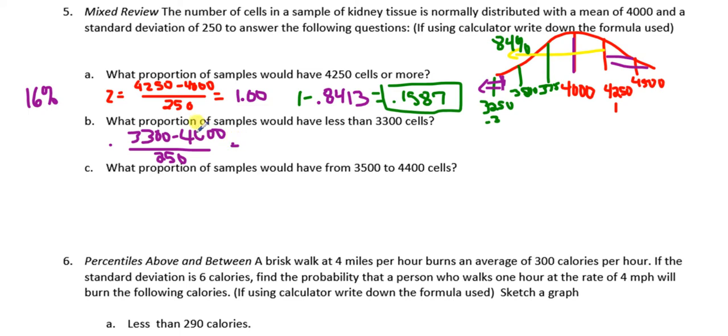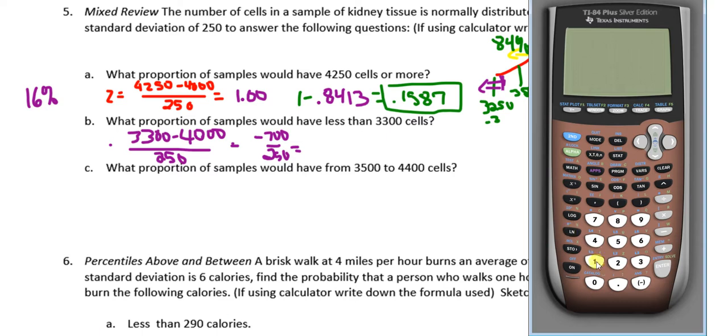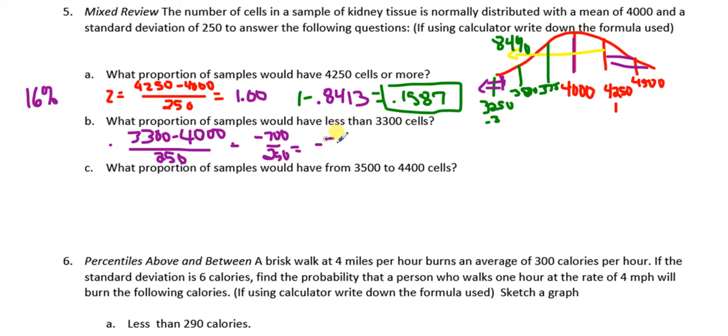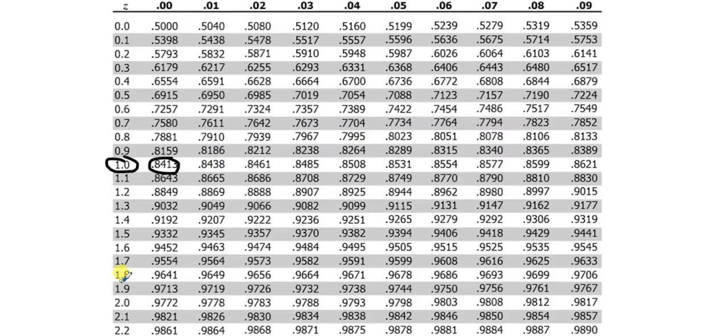That equals -700 over 250, which equals -700 divided by 250, -2.8. And that once again is our z-score, -2.80. I go to my z-table.